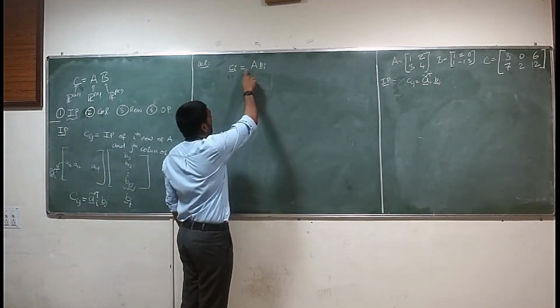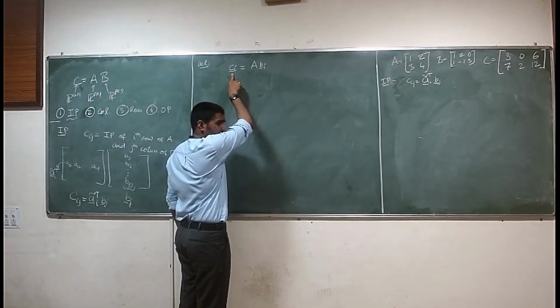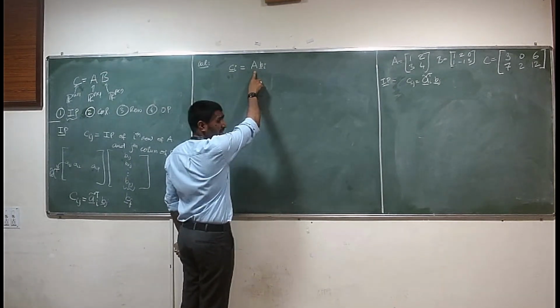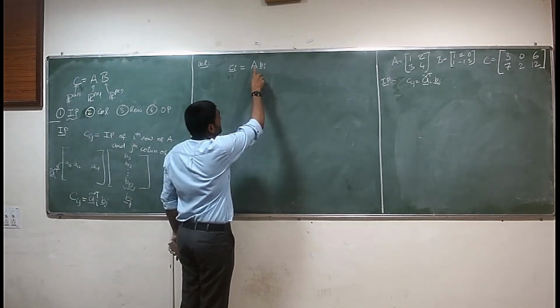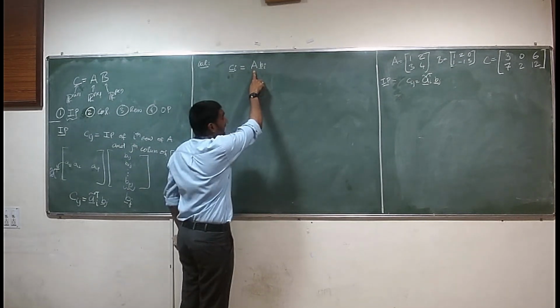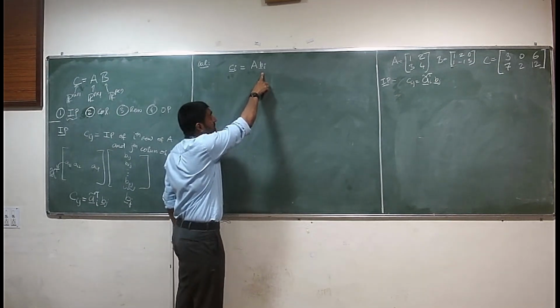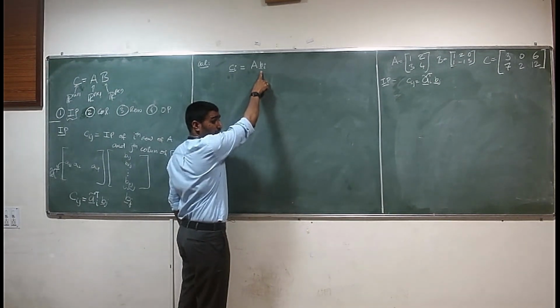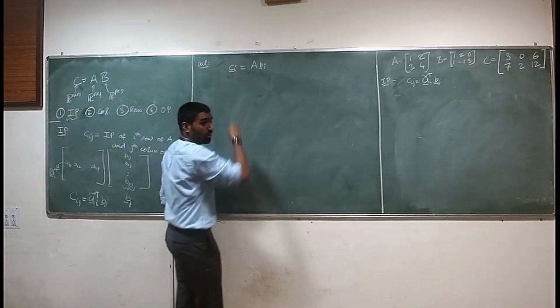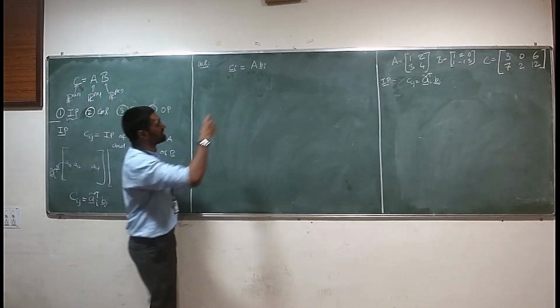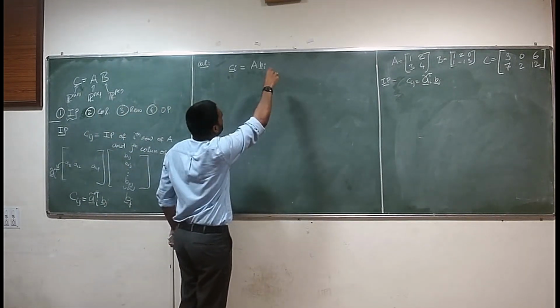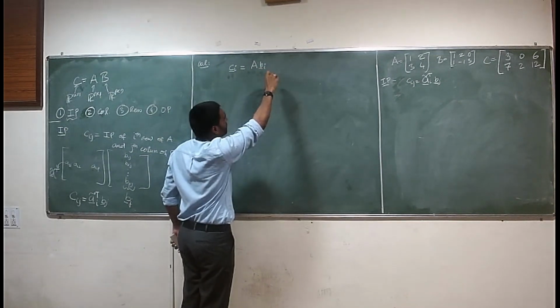The ith column of C is simply a linear combination of the columns of A, and the exact mixture of that linear combination comes from the elements of the ith column of B. Maybe that's a lot to think about, but it's not that complicated.